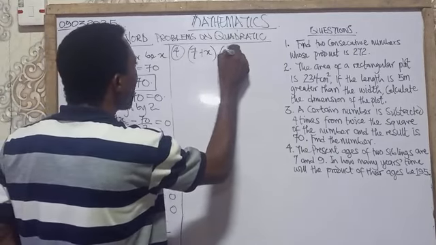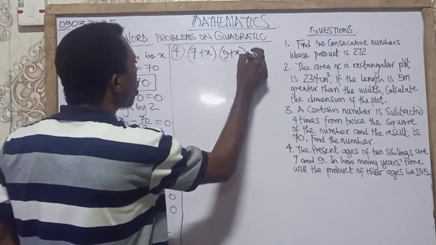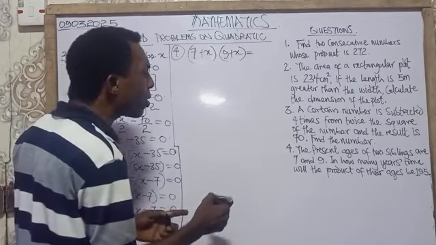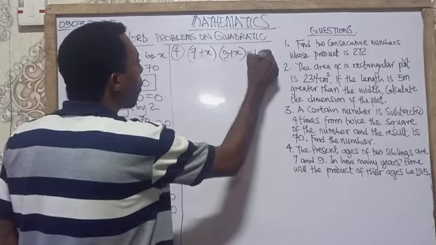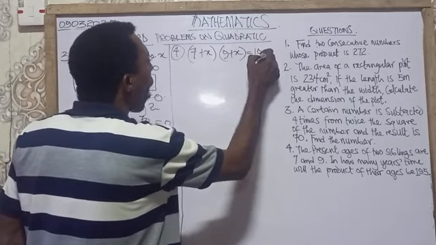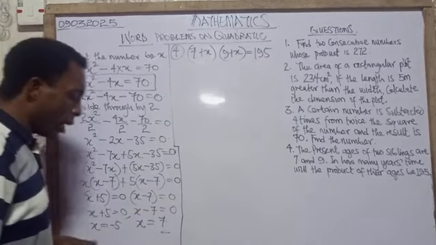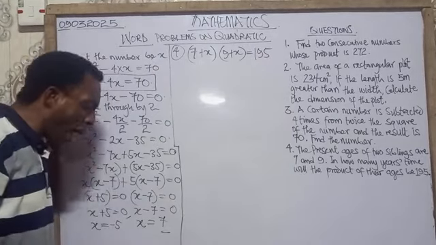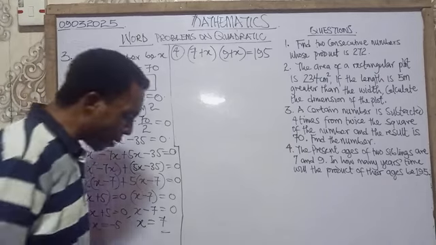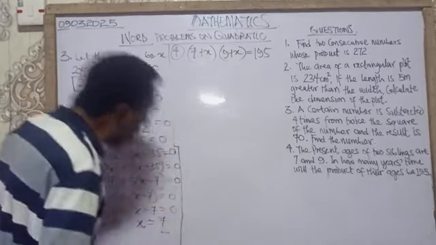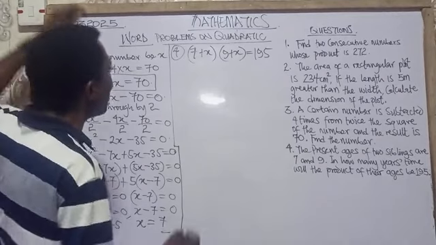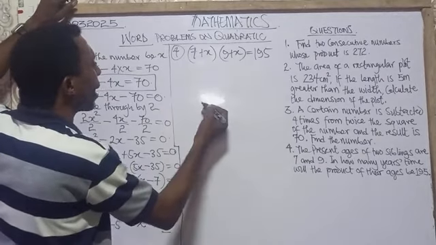The next one will be 9 plus x, because we don't know in how many years, but the product gave us 195. So from what we have there, then we move on.